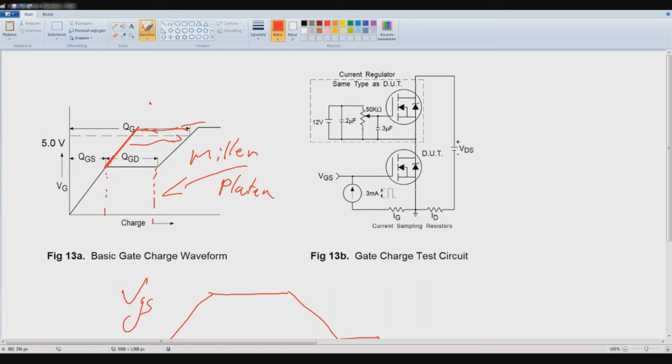You have this distance in charge before it reaches the 5 volts instead of here where it reaches the 5 volts. So it's very important to keep in mind, and you can find these values in the datasheet to draw your own maximum gate charge requirements.